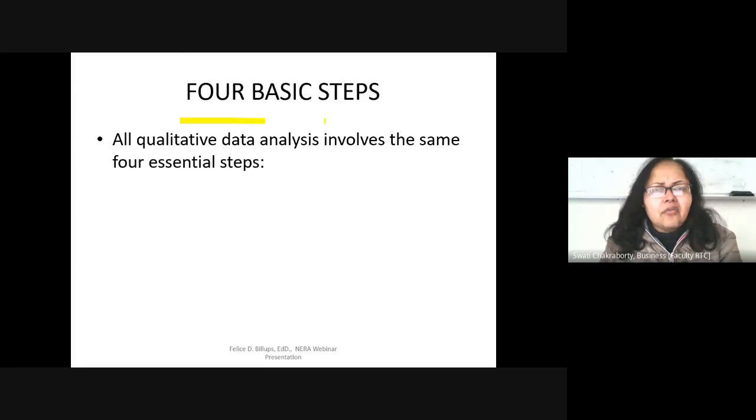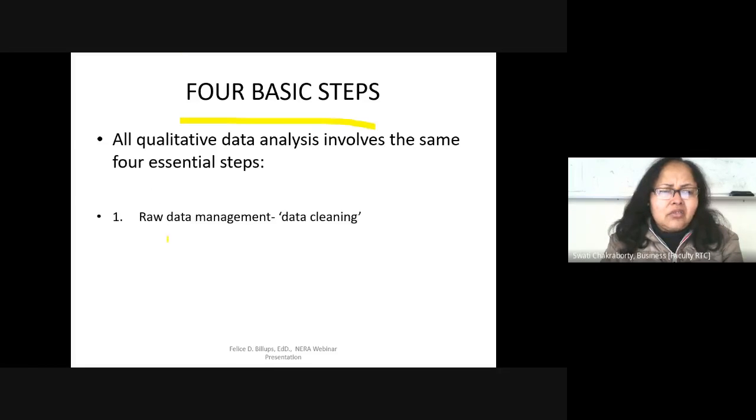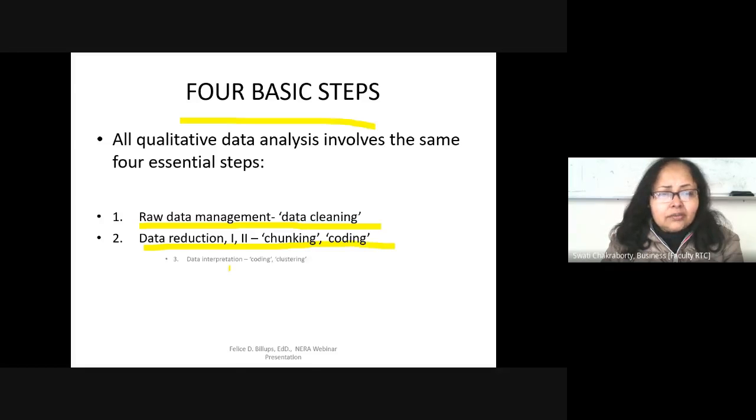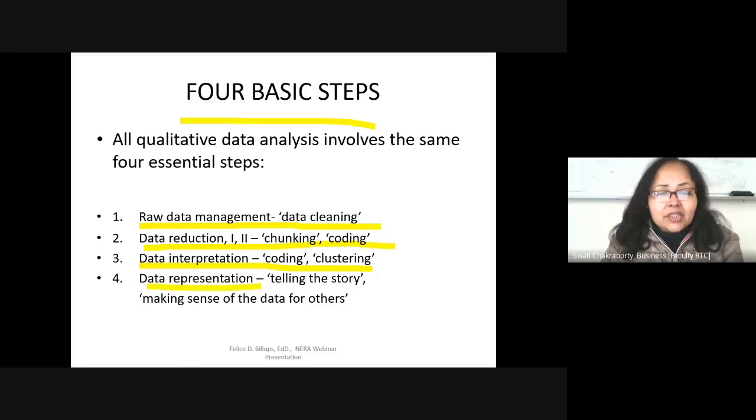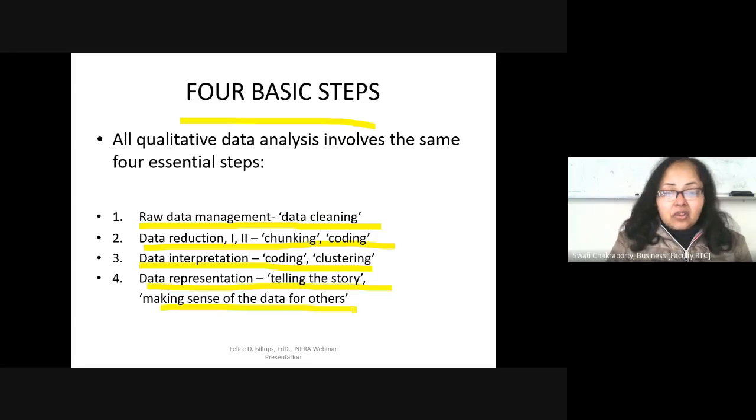So basically, there are four basic processes. The first is raw data management, that is data cleaning. Then comes data reduction, that is chunking and coding. Third is data interpretation, where we talk of coding and clustering. And fourth is data representation, where you tell the story, making sense of the data for others.